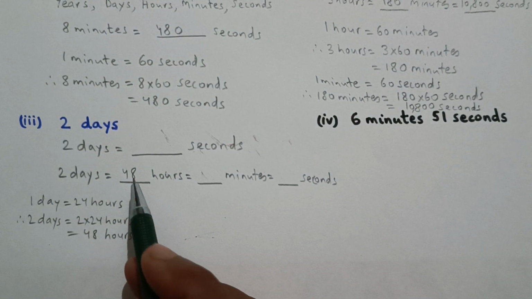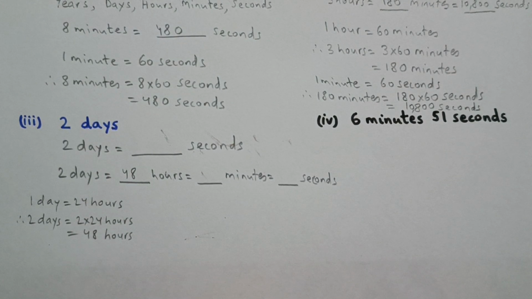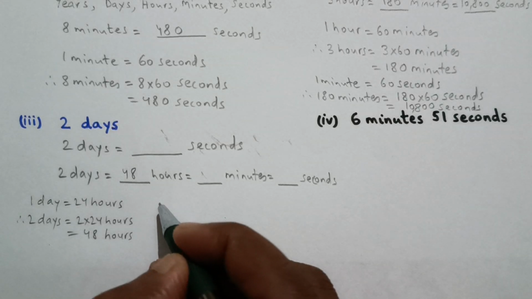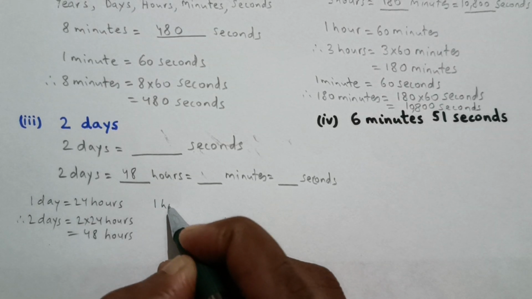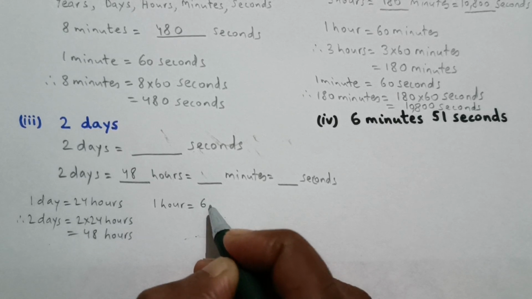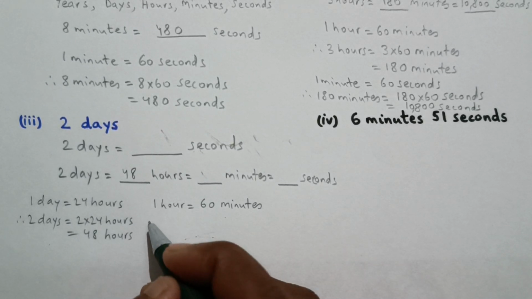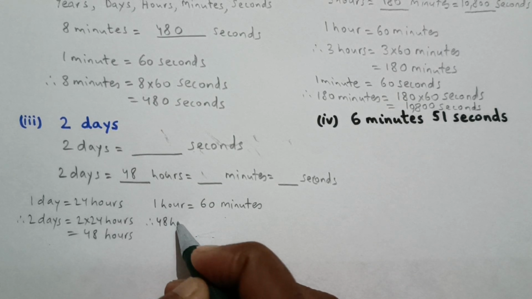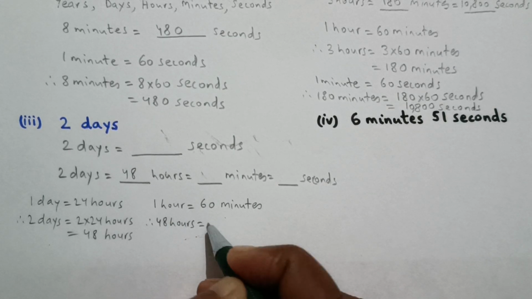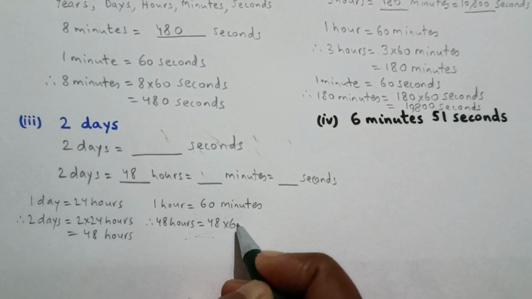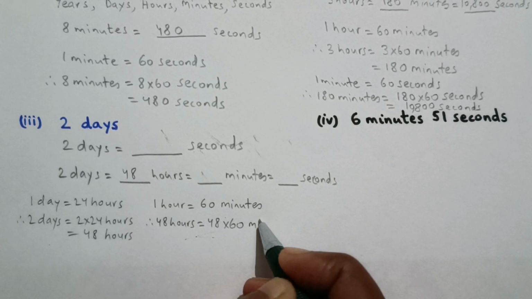Now we have to convert 48 hours into minutes. We know that 1 hour is 60 minutes. Therefore 48 hours will be 48 into 60 minutes.